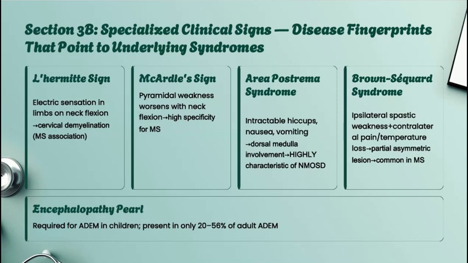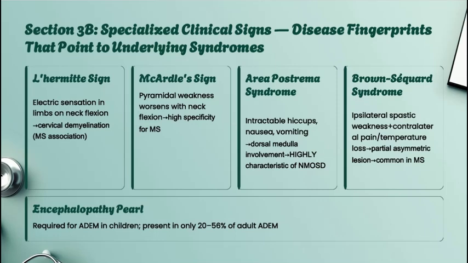One classic sign is Lhermitte sign. This is described as an electric shock-like sensation radiating down the spine or into the limbs when the neck is flexed. It reflects cervical spinal cord involvement, particularly dorsal column dysfunction, and is classically associated with demyelinating disease, especially multiple sclerosis.